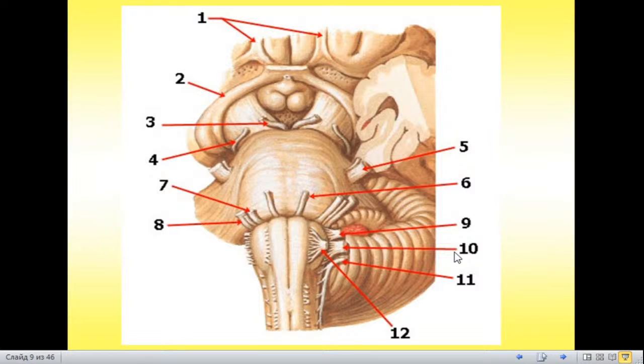Now let's revise the site of exit of cranial nerves at the base of the brain. First cranial nerve, as you know, enters the brain in the olfactory bulb, which is followed by the olfactory tract. Second cranial nerve, the optic nerve, enters the brain in the optic chiasma, which is a part of the diencephalon.